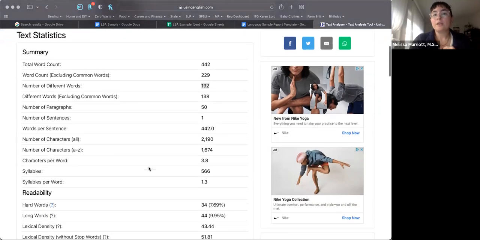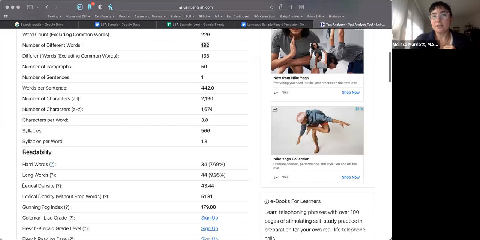And then they call it lexical density. But this is the same thing as type token ratio, which is one of the other analyses that we're going to talk about. So I would write this as 0.43 in my analysis instead of 43.44, but it's the same measure, it's just represented in a different way.